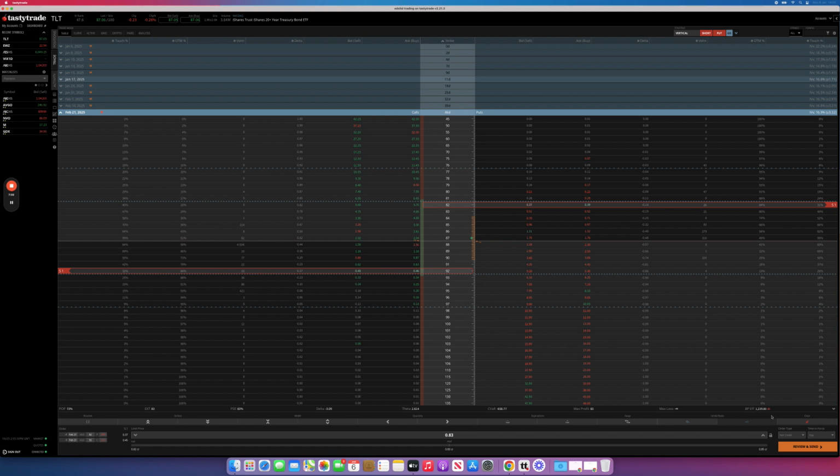Now, as we can see here, this is a slightly lower return on capital than what we usually showcase when we're mocking up positions. However, TLT is nice to have in your portfolio. You want to have a mix of individual companies.